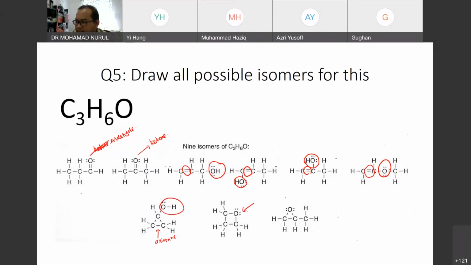And lastly, this is also an oxirane ring. I hope you managed to draw 9 of the isomers. If this question comes out in the finals, probably 1 compound represents 1 mark, and if there are 9 isomers, it is 9 marks.